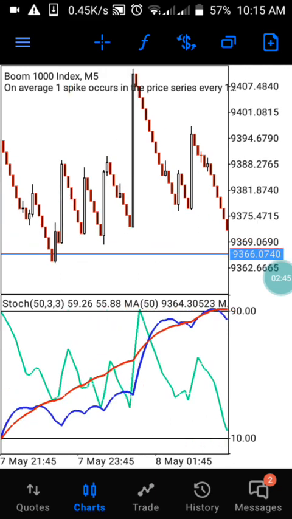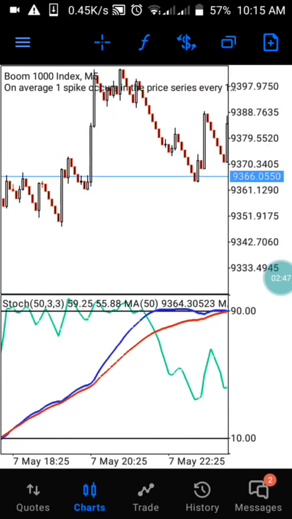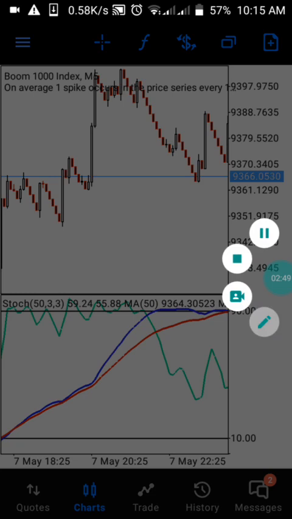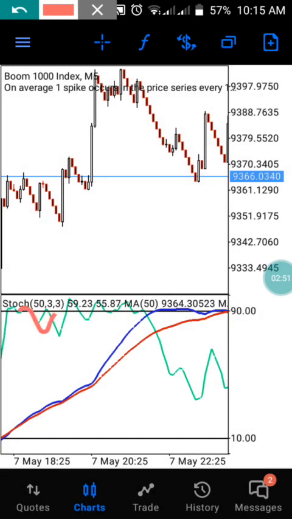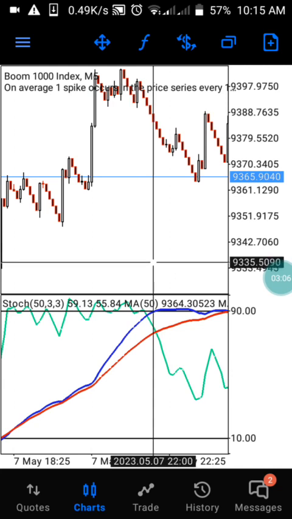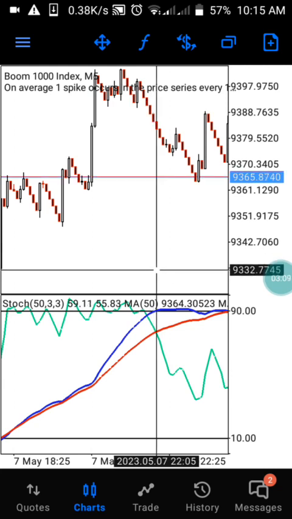And also, if you keep checking, you will see that we have our stochastic oscillator ranging in that 90 level, and before the two moving averages cross over the stochastic. Once it crosses, then this is the right time for you to enter the trade, and you can enter at this level. Yes, exactly this level. Then you count your two candles down, and you catch your trade.